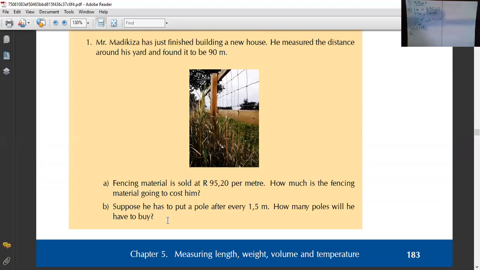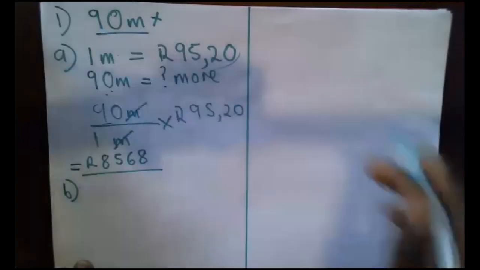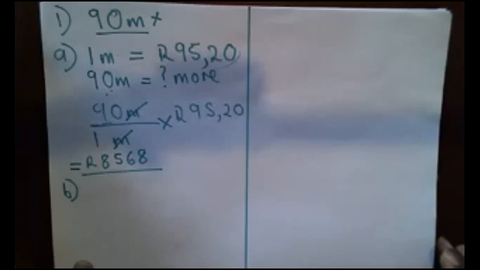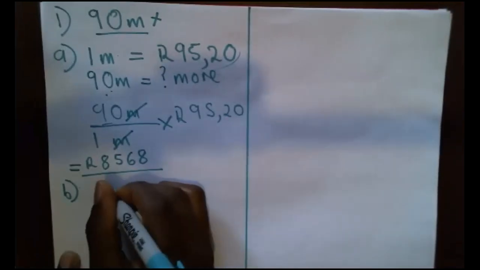Let's go back to the question. So we are told that the fencing he has to make is 90 meters. So we need to figure out how many 1.5 meters he can get from it. So what do we do? We have 90 meters.